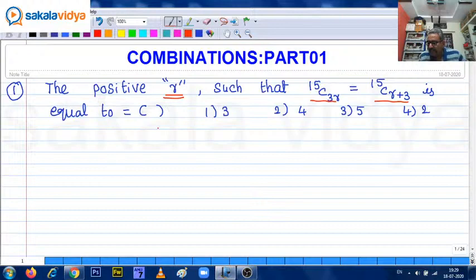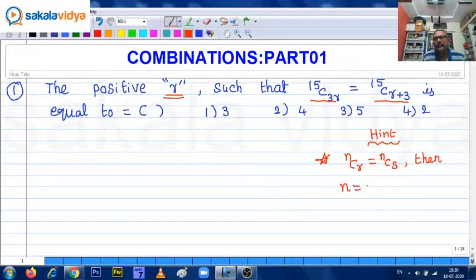Here you can check the hint. What is the hint? If NCR equals NCS, then N equals R plus S, otherwise R equals S. This hint needs to be used for this problem.